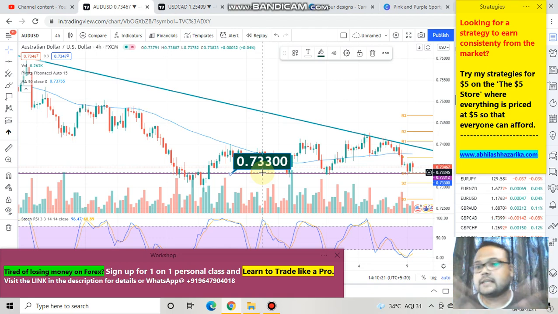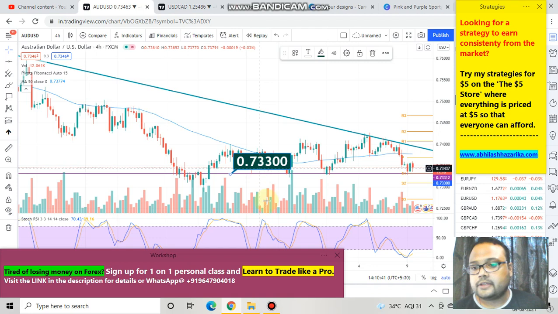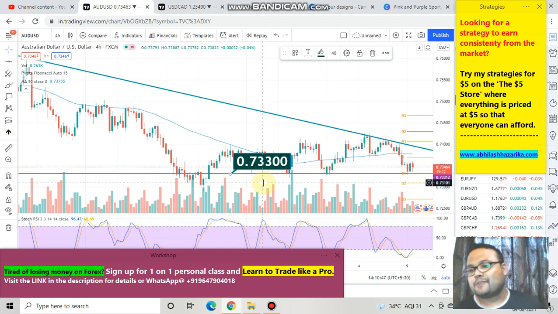Try to understand the market psychology here. Overall market is in downtrend, no doubt, but right now in this particular portion of the market, buyers are present and they are trying to provide support whenever the market is going down. And as you can see, 0.7330 has established itself as a valid support for the market right now.